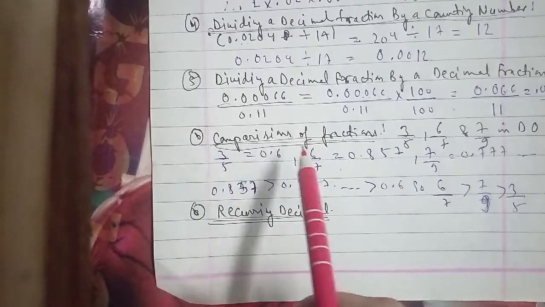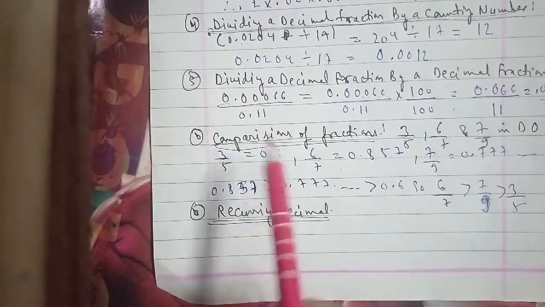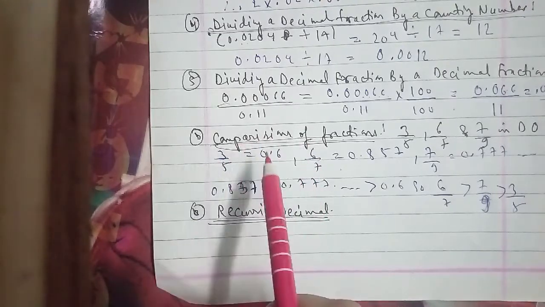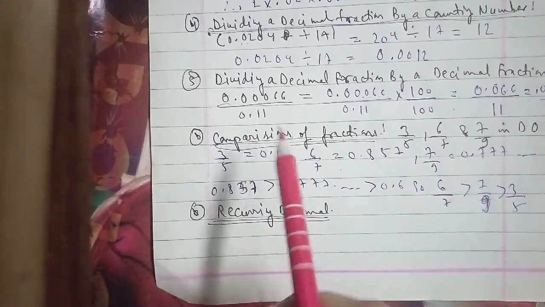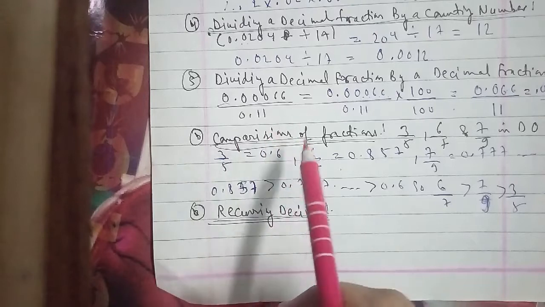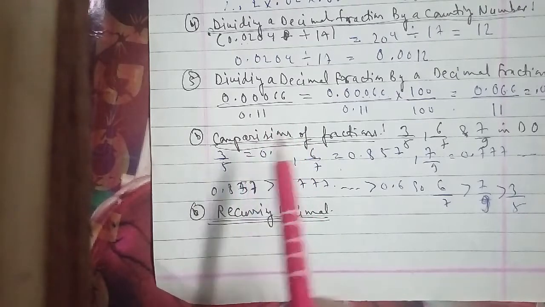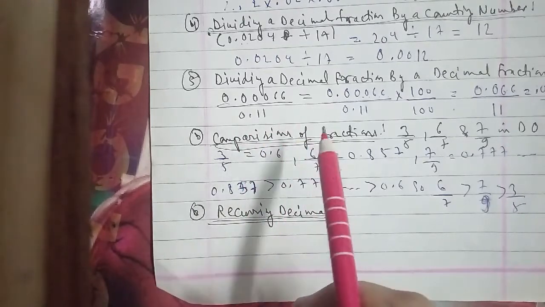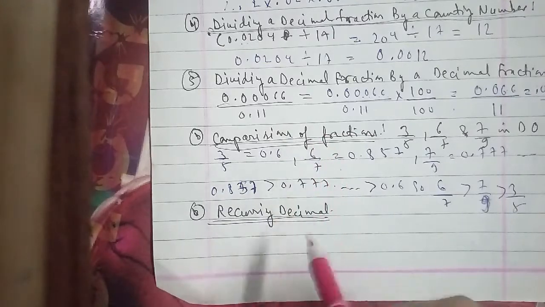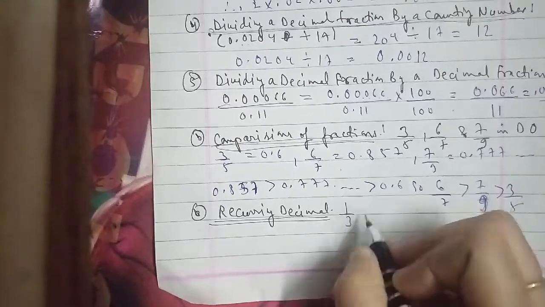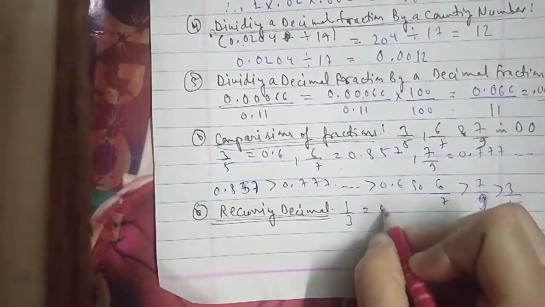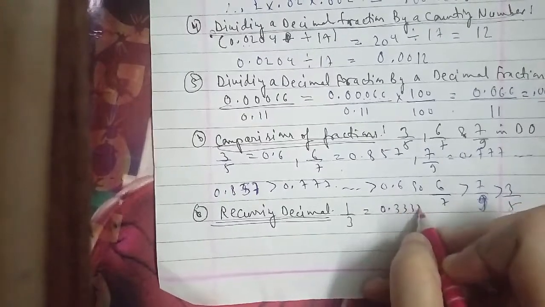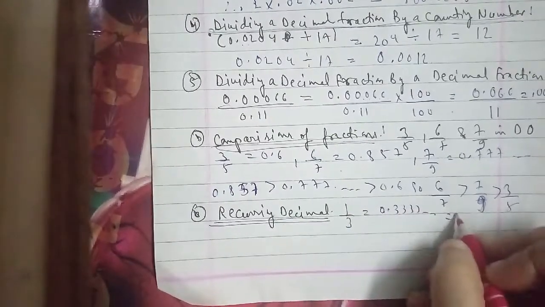If a single figure is repeated, it is expressed by putting a dot on it, and if a set of figures is repeated, it is expressed by putting a bar on the set. Like 1 upon 3, if we divide it, we get 0.3333 infinite times. So we can represent that as 0.3 with a dot and terminate it.